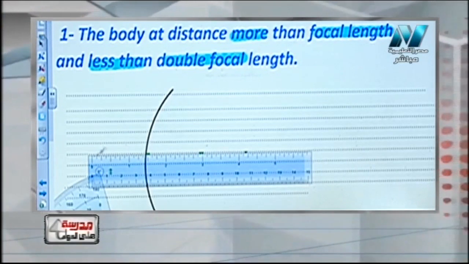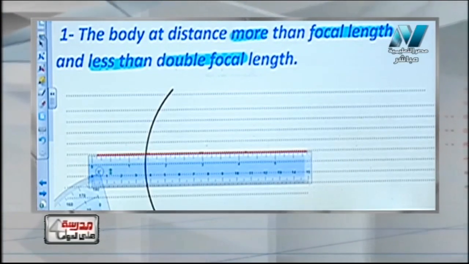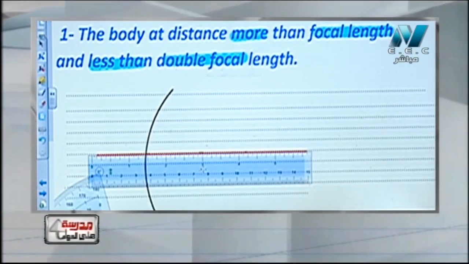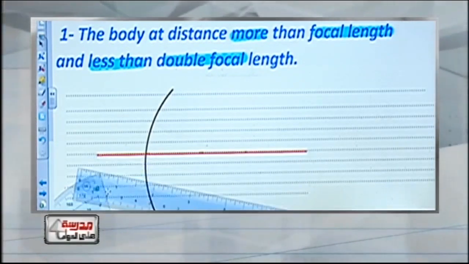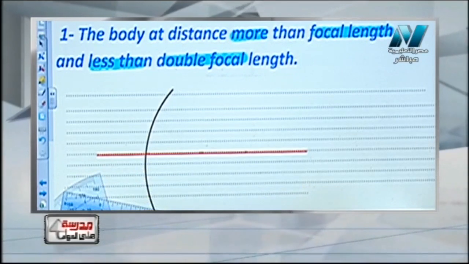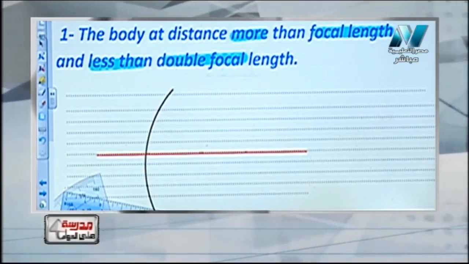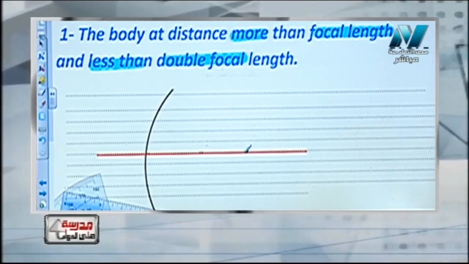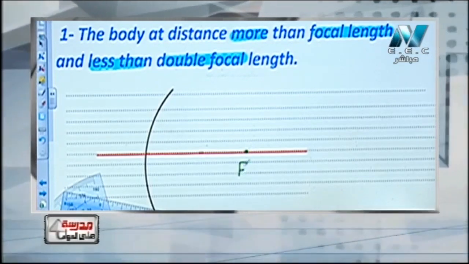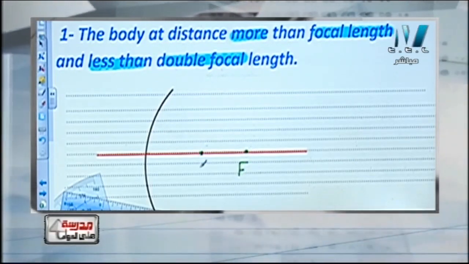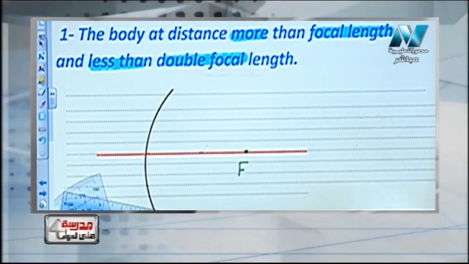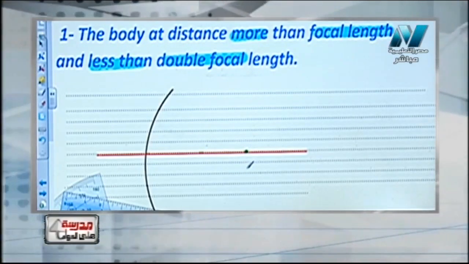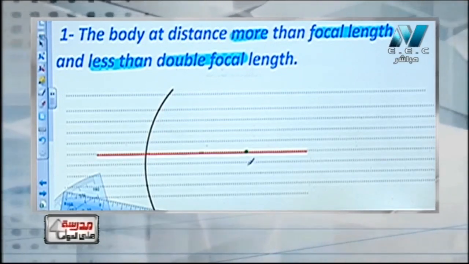So as we see in front of us, by using the ruler, all rays, all light rays or the principal axis, we should use what?